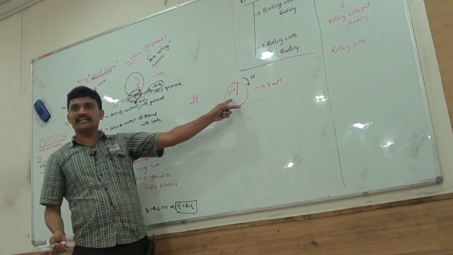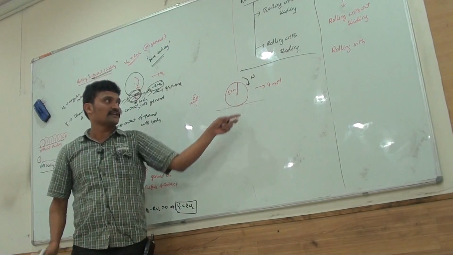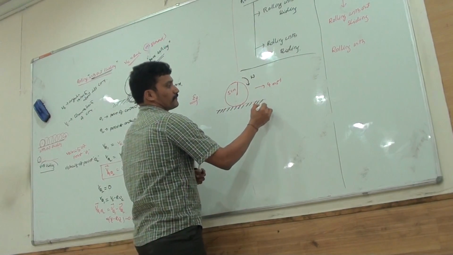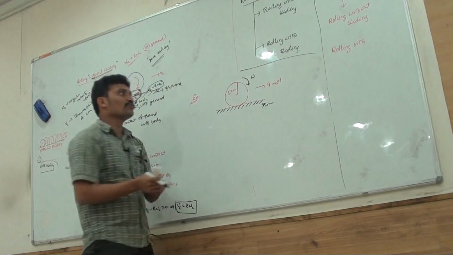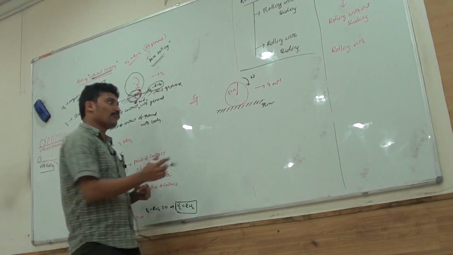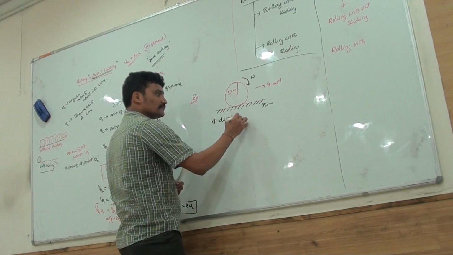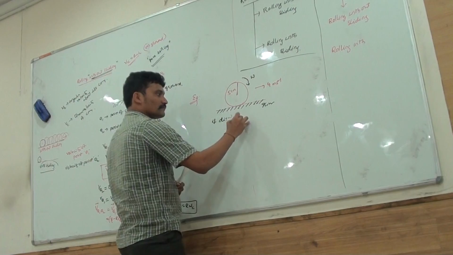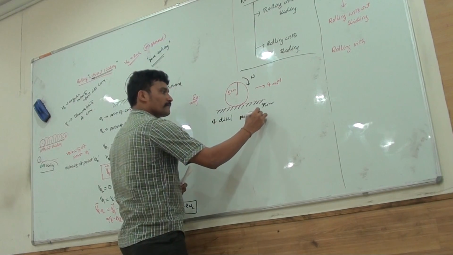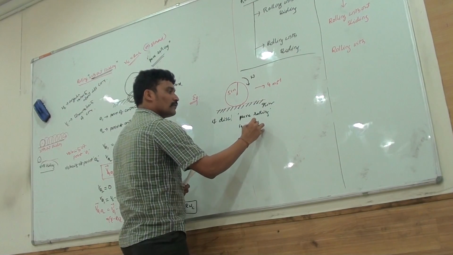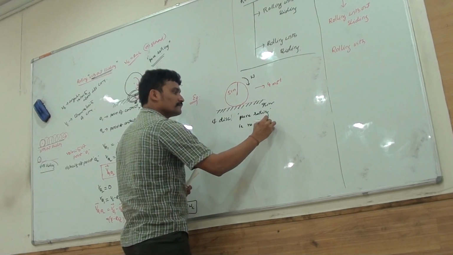That means a disc of radius 5 cm is rolling on the ground. This is the ground. It is moving with velocity 4 meters per second. Here the important point: if the disc is in pure rolling, pure rolling means there is no slipping or sliding.